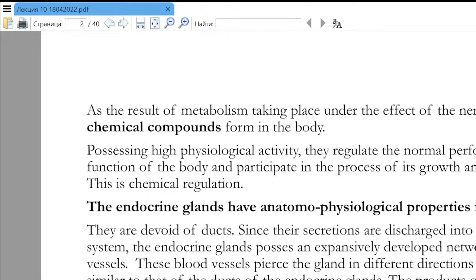These blood vessels pierce the gland in different directions and play a role similar to that of the ducts of the endocrine glands. The products of the secretory activity of the endocrine glands are known as hormones. Incretion.